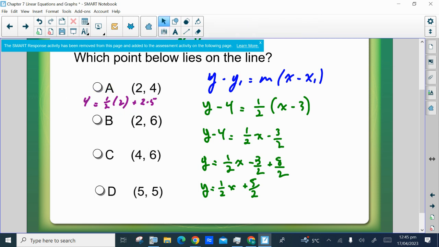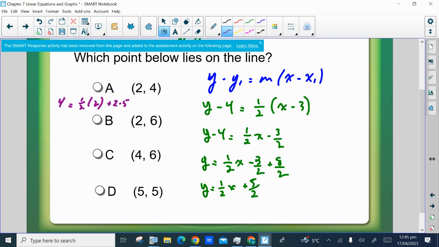So 4 does not equal 3.5, which is what you get on the right when you let x equal 2. So this is not our answer, because that point does not lie on the graph. It does not satisfy the equation that we figured out.